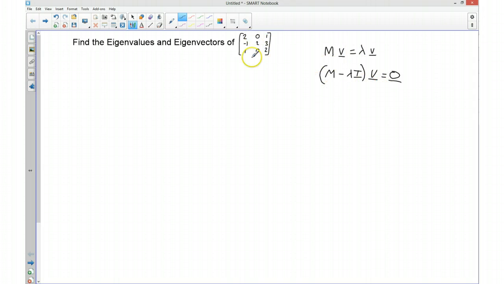I know what M is because I've got it over here. So I need to work out what lambda is, which is what the eigenvalues are, and what V is, which is what the eigenvector is. So I'm just going to write this out in full over here. We've got 2, negative 1, 1, 0, 2, 0, 1, 3, 2.